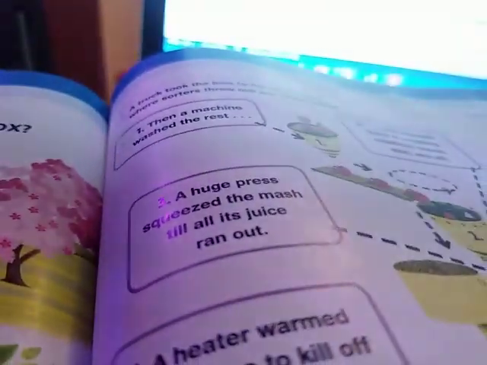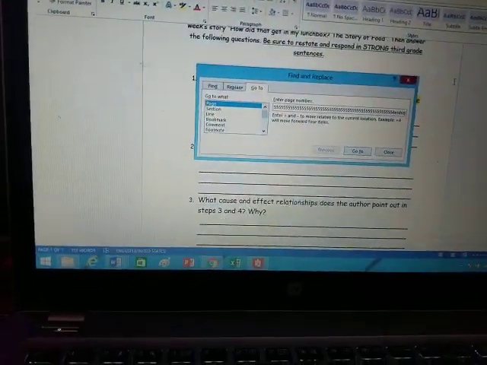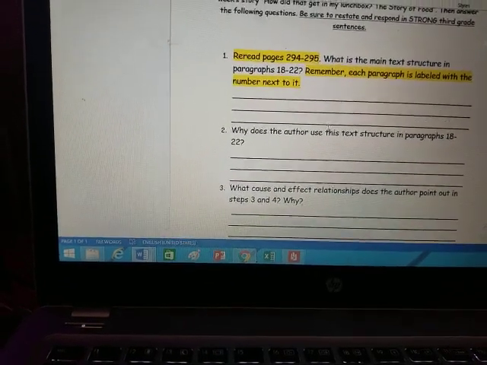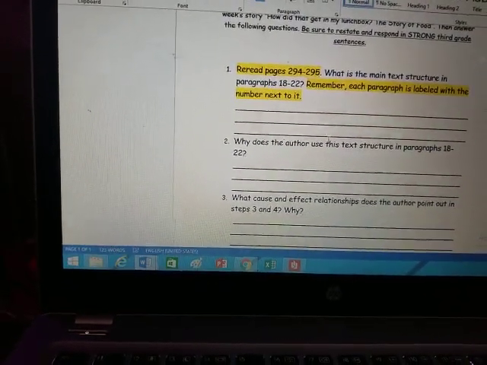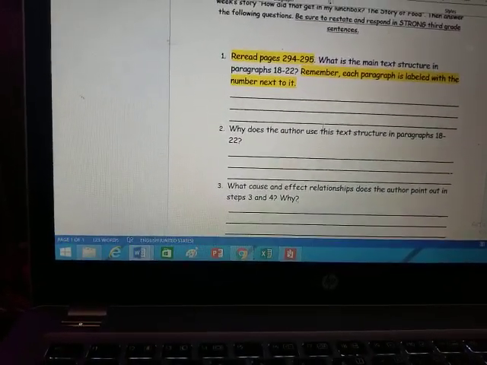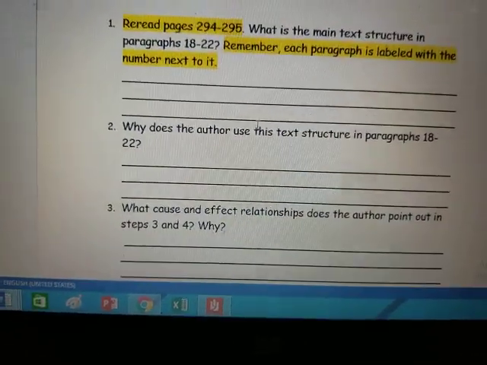So, what happened to my paper? It's okay. Let's see. It says, what cause and effect relationship does the author point out in steps 3 and 4? And tell me exactly what I said and tell me why. And that's it. Bye.